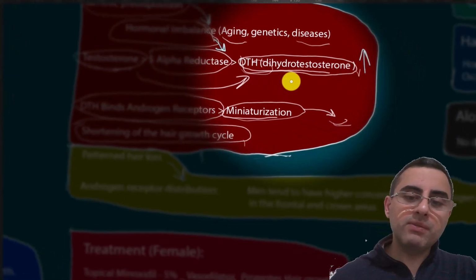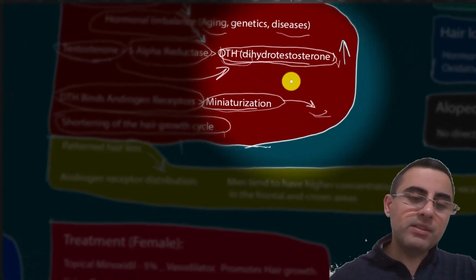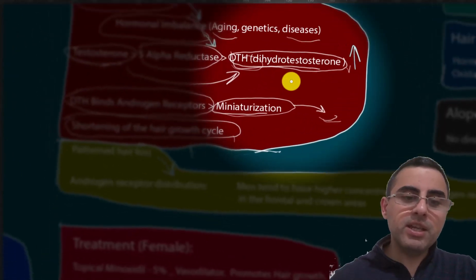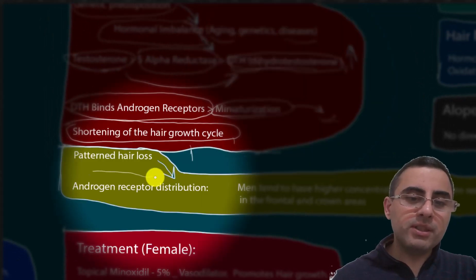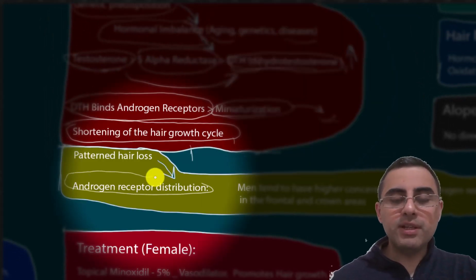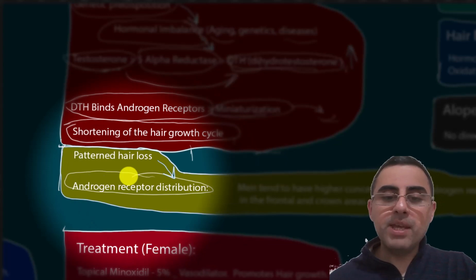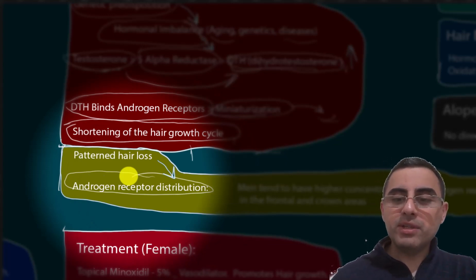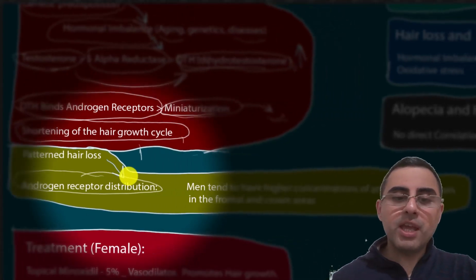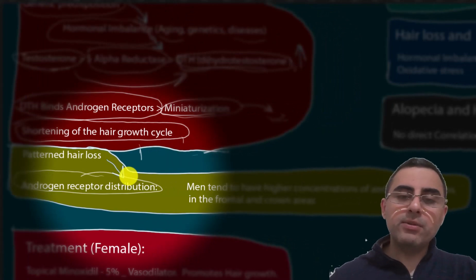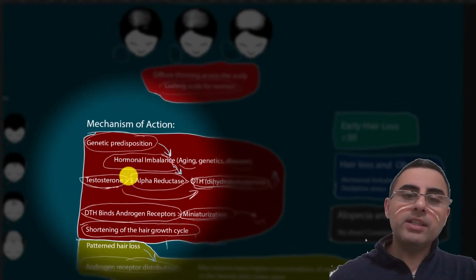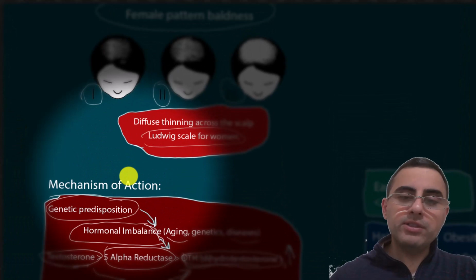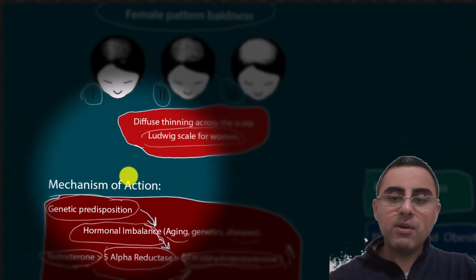What's the important factor? There is a simple explanation that androgen receptor distribution is different. Men tend to have higher concentration of androgen receptors in the frontal and crown areas, while in case of females we have androgen receptors diffuse on the scalp.